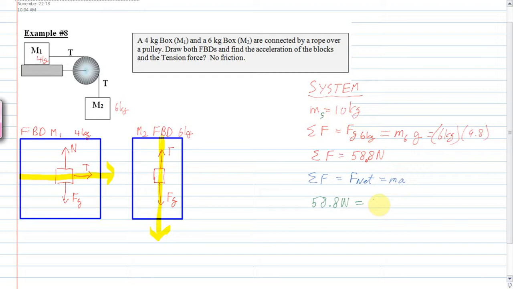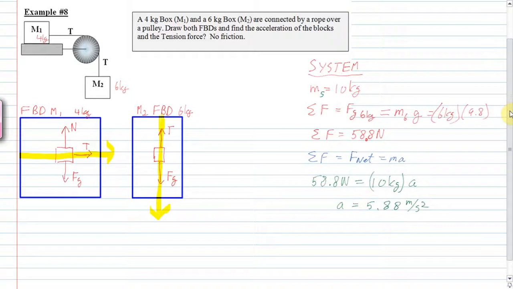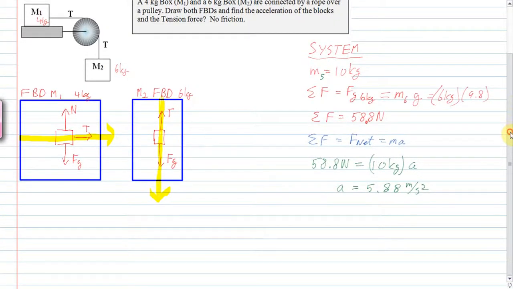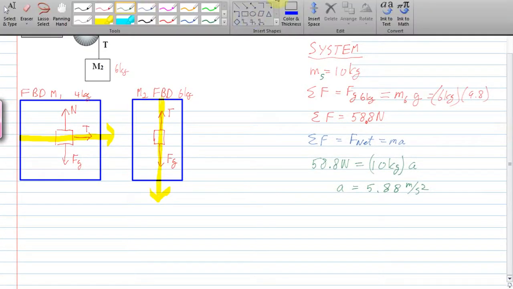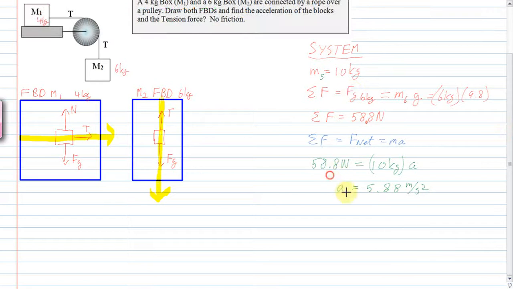And the mass of the system is 10 kilograms. A is therefore going to be 5.88 meters per second squared. That is the answer for the acceleration, so I box that off.